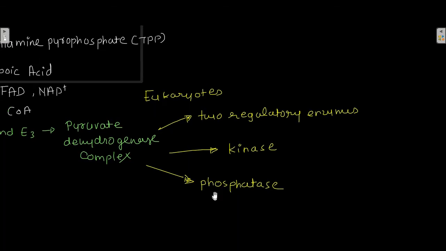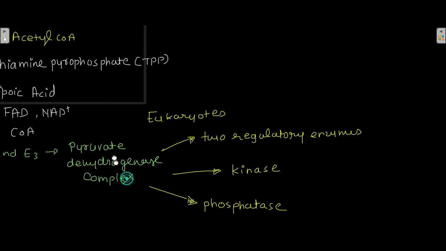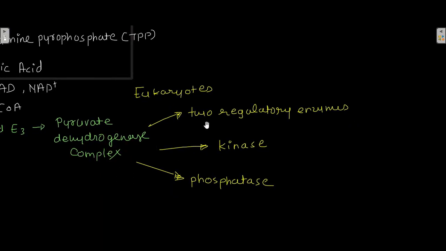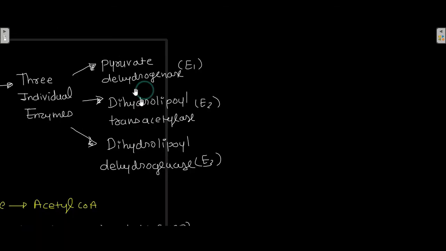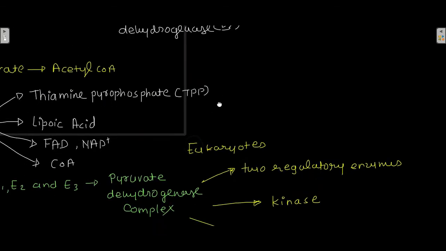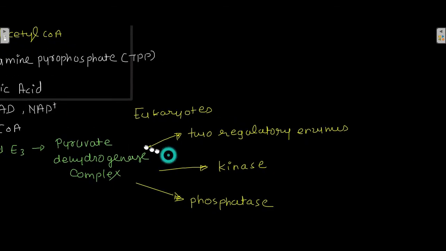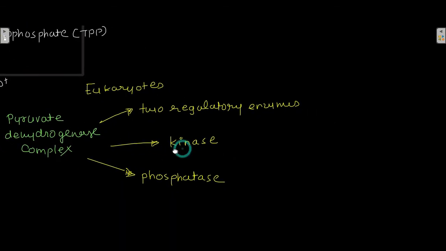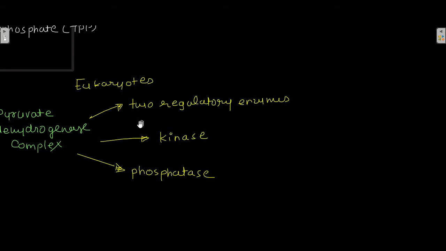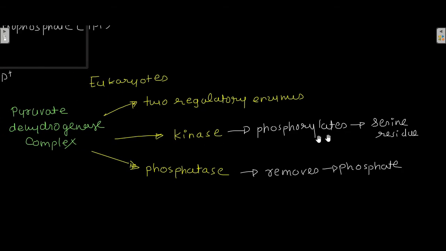Now the kinase phosphorylates the serine residue and the phosphatase removes the phosphate. That's the function of kinase and phosphatase present in the pyruvate dehydrogenase complex.